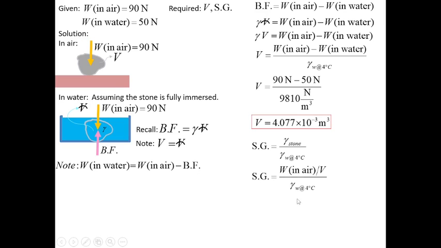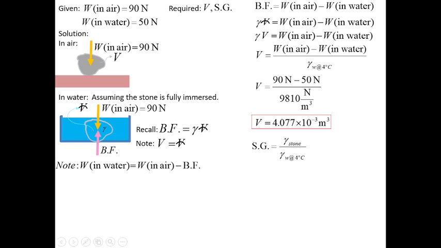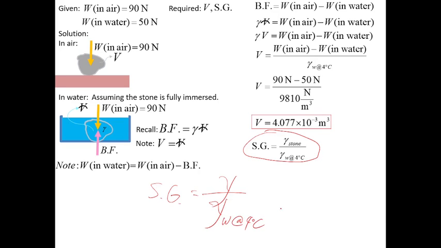So, for the specific gravity, we consider the formula. As I taught before, the specific gravity of a substance is the specific weight of the substance over the specific weight of water at 4 degrees Celsius.